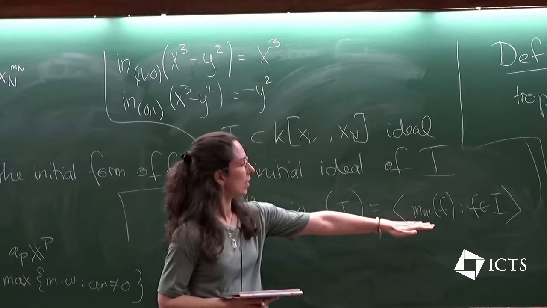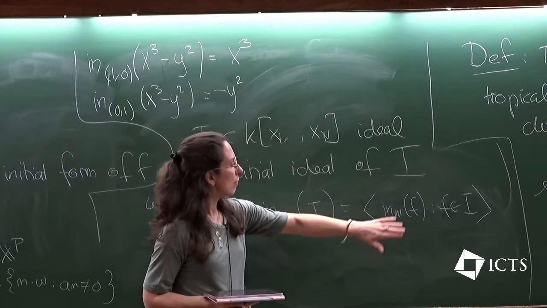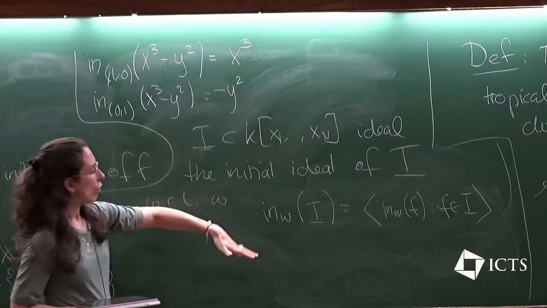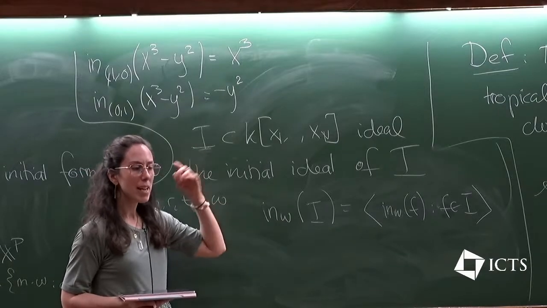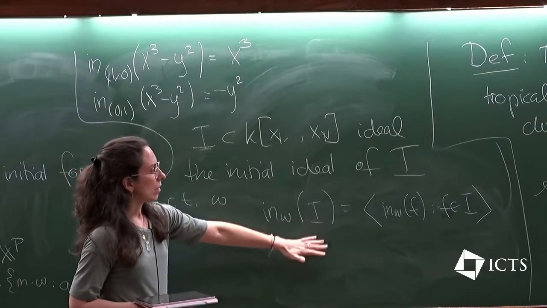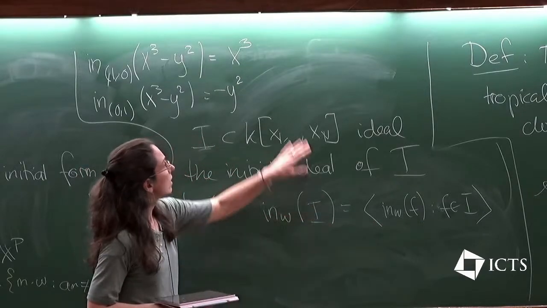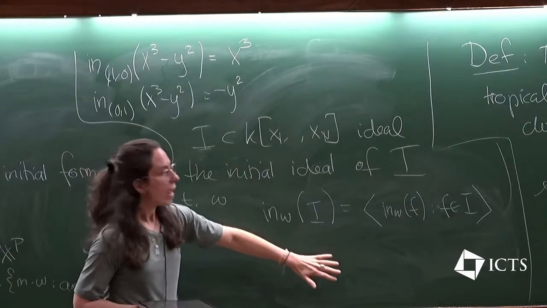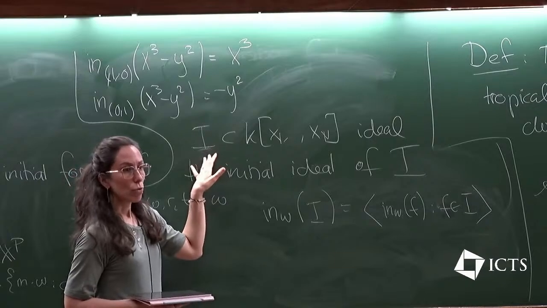It's important here to consider all elements, because if I have one specific generating set of the ideal, then its initial forms might not generate this ideal. This leads to the notion of Gröbner bases, and there's a whole theory of how to check what's the generating set here. Of course, this is inside a polynomial ring, so it is finitely generated, but it might not be generated by initial forms of whatever generating set you choose for the ideal.